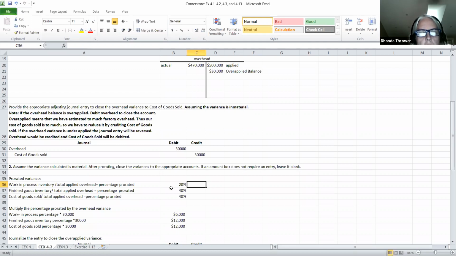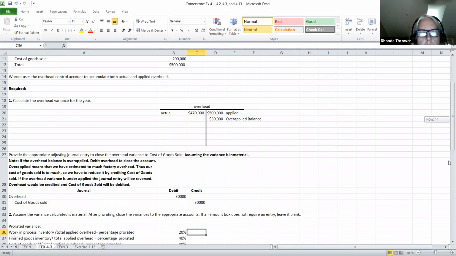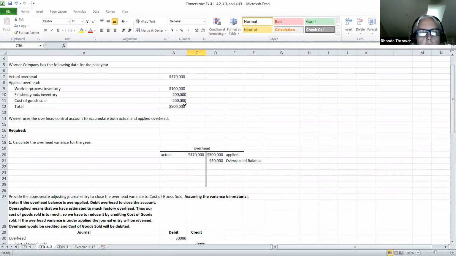So find your percentages first. That's just what I would suggest that you do. For finished goods, we take the finished goods balance and divide it by the total applied factory overhead of 500,000. That will give us 40%. It just so happens that the cost of goods sold ended up being equal to the finished goods inventory.